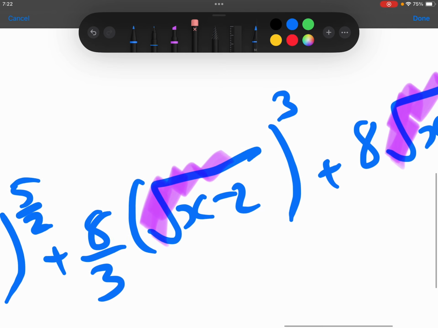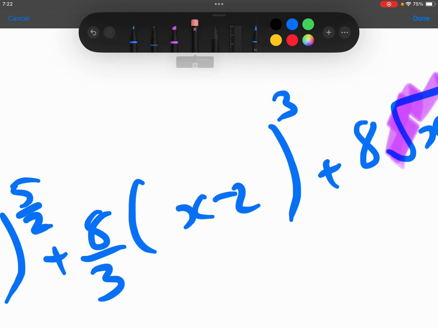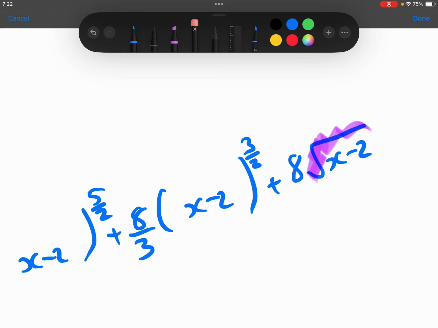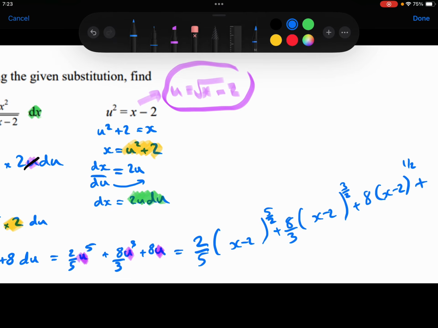Similarly with this next term, that will be 3/2. And the last term, well, we'll just write that as a power of 1/2, just to be consistent with the others. And I mustn't forget my plus c. And we're done.